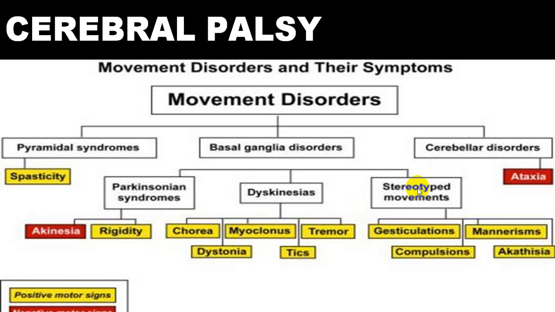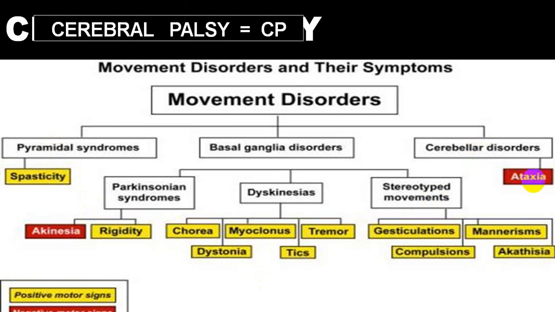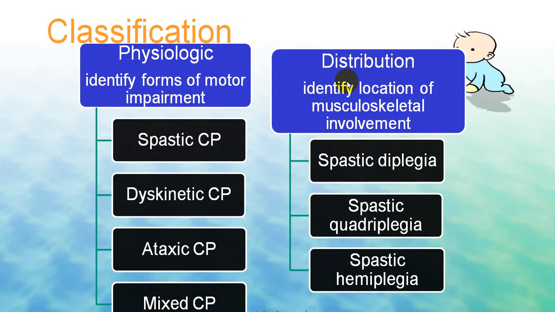And in case of a stereotype movement, gesticulation, akathisia, compulsion, mannerism may be seen. If person has pure motor signs, it will be more in favor of pure pyramidal tract damage. And if there is a cerebellar damage, person will have ataxic gait, ataxia and imbalance.